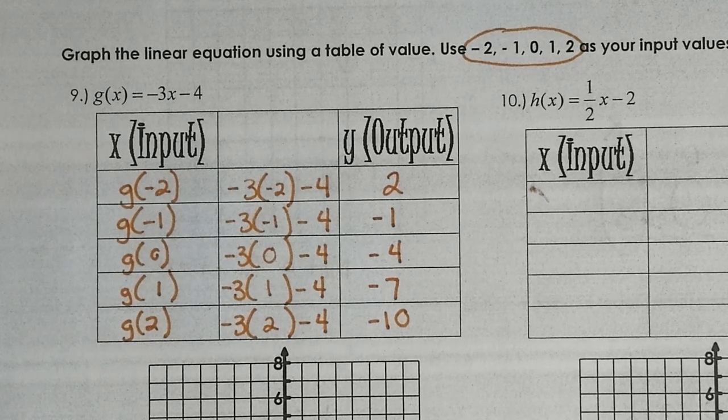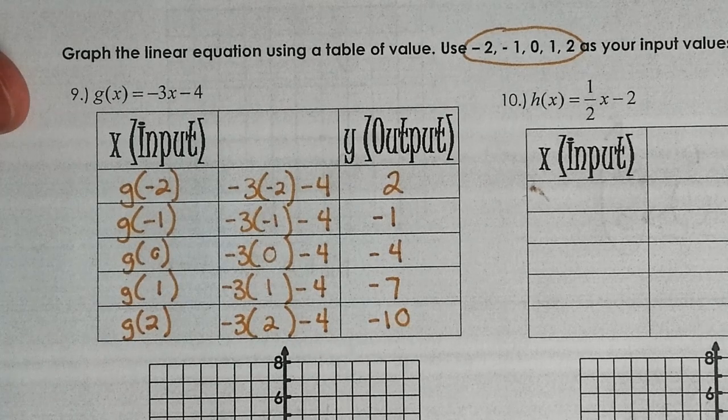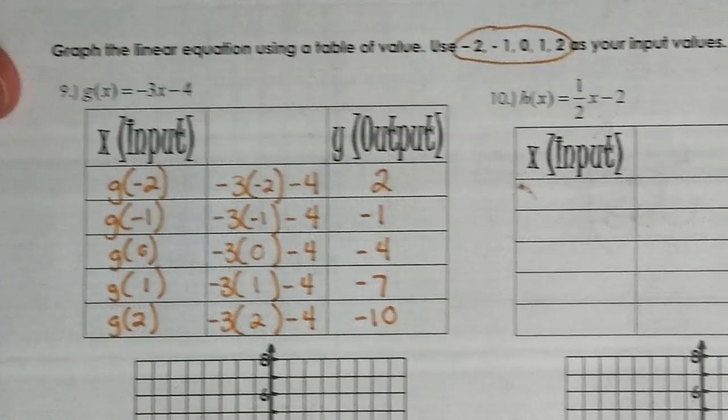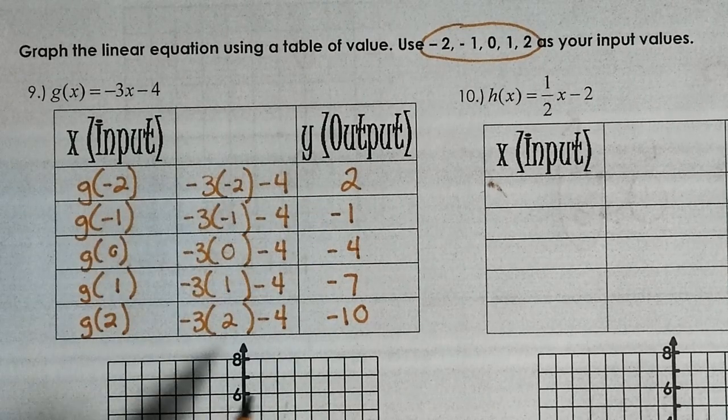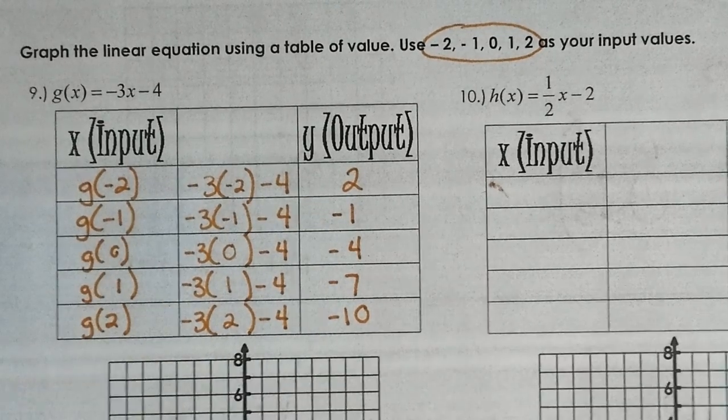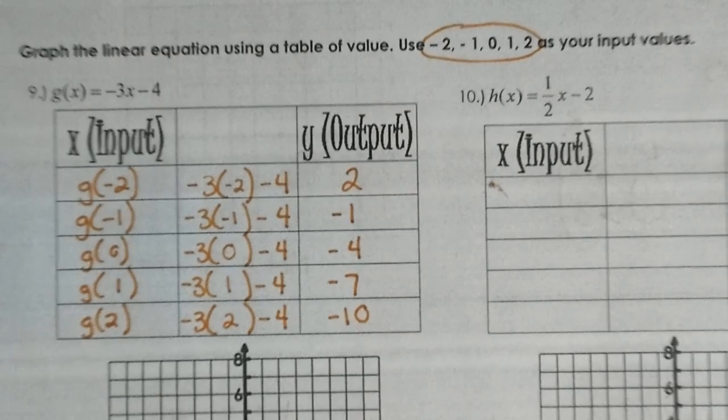It's just that simple, y'all, to essentially just plug into your calculator. I'll let y'all do the graphing part on your own. Notice our input here is -2. Our output is 2. So you go to -2 and then up 2, and that gives you your first point.